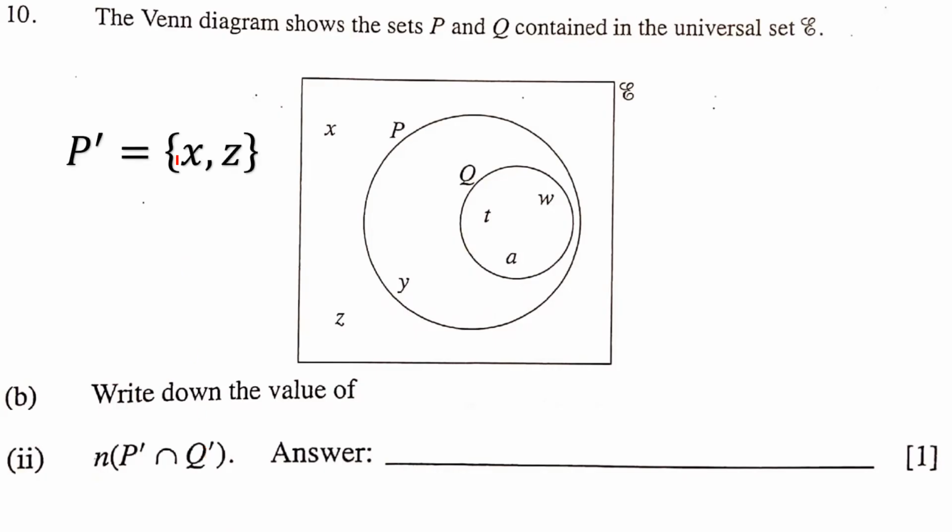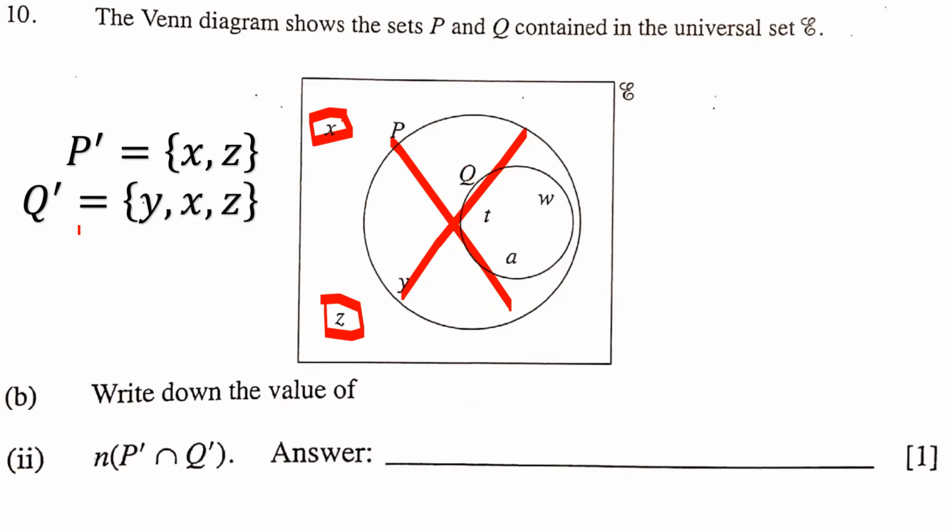Well, P complement is everything that's inside the universal set except for the elements in P. So we don't want anything from P. And the only ones that are left, if we take out P, are just going to be X and Z, right? That's all that's left. And so P complement is just X and Z, because remember, we want everything except for the elements in P. And so we can't include any of these elements. That's P complement. That's those elements that are not in P.